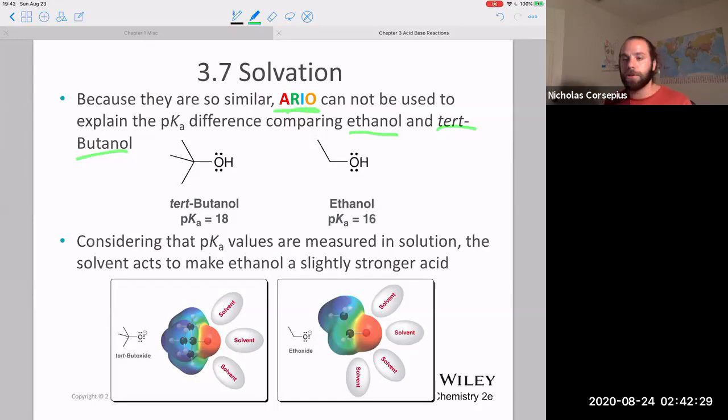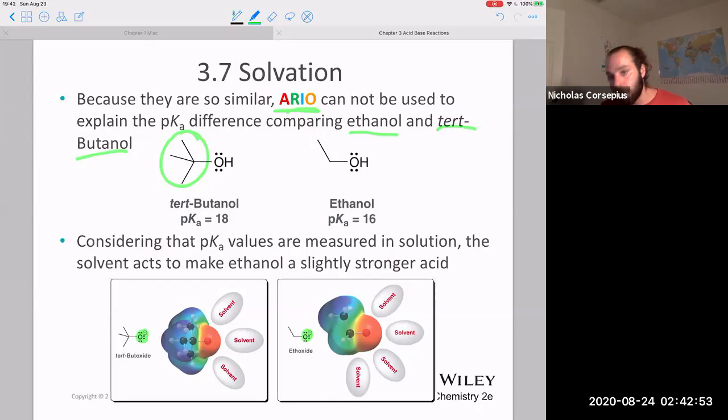If we just picture tert-butanol, we're going to see this a lot about tert-butanol. This big, bulky back end has a lot to do with the chemistry of tert-butanol, and in particular, the ability of solvent molecules to solvate that alcohol group, and more importantly, what happens when it gets deprotonated, right? So now we're comparing the conjugate bases of these two molecules.